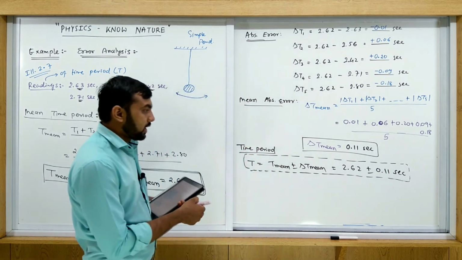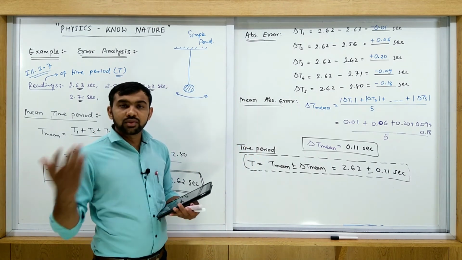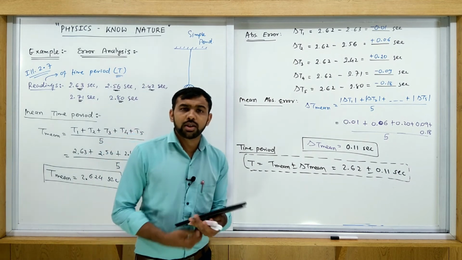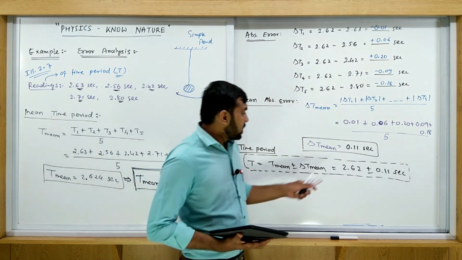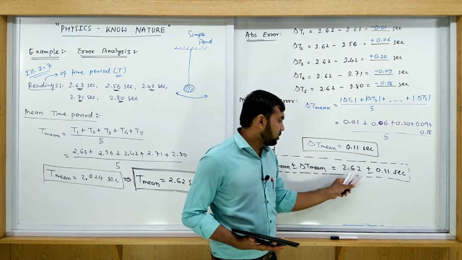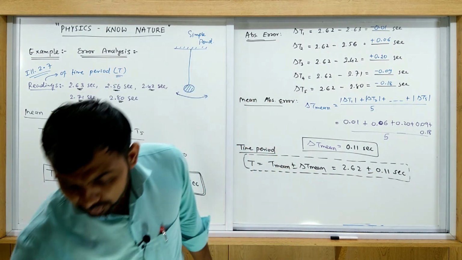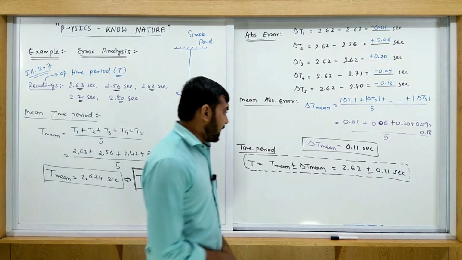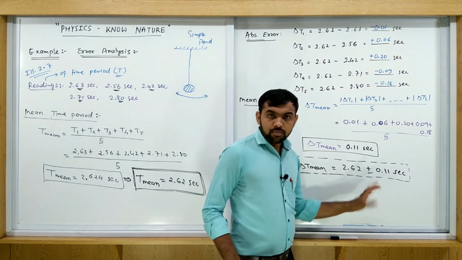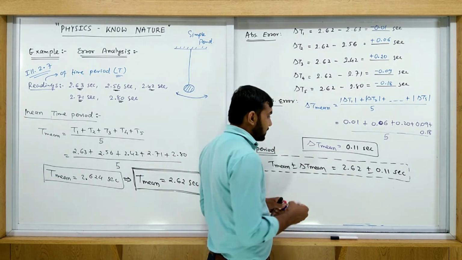Okay, you just correct this value up to the significant figures, as we do not study significant figures here. If this value is 2.62 plus or minus 0.11, what is your answer?